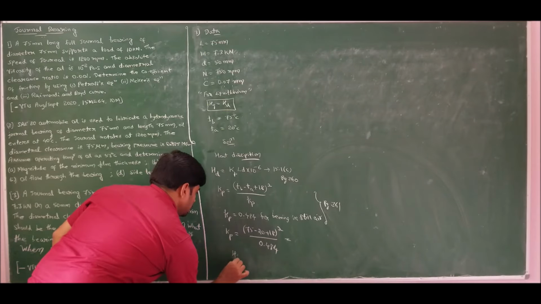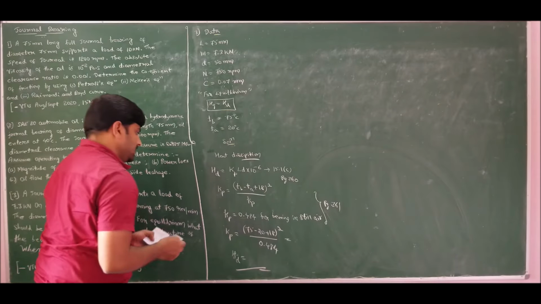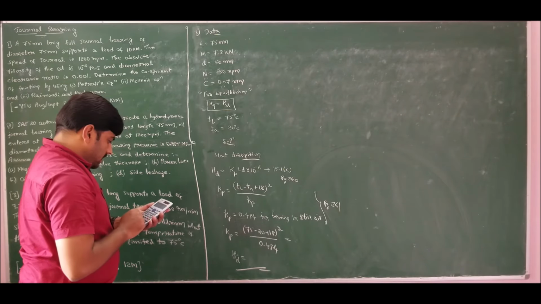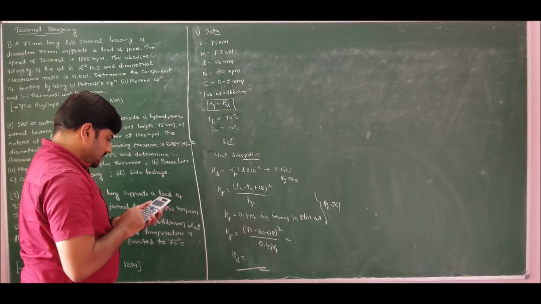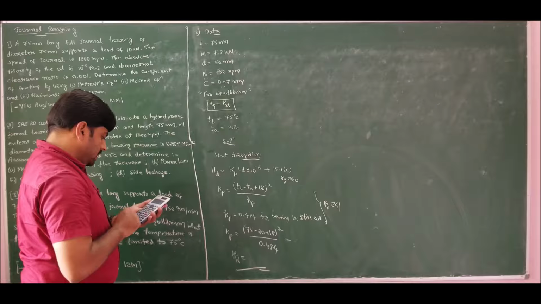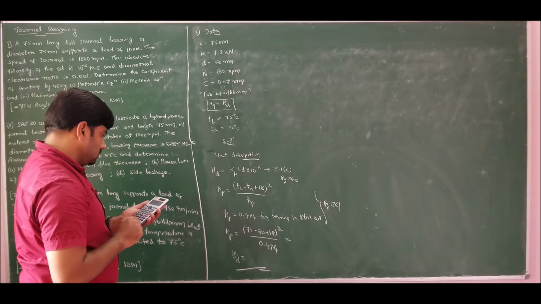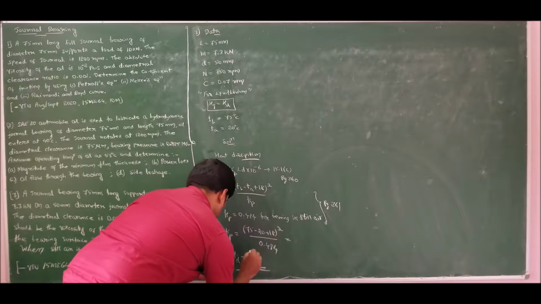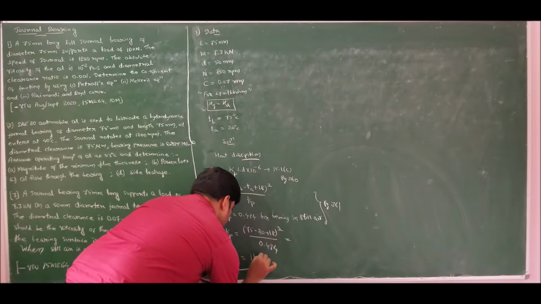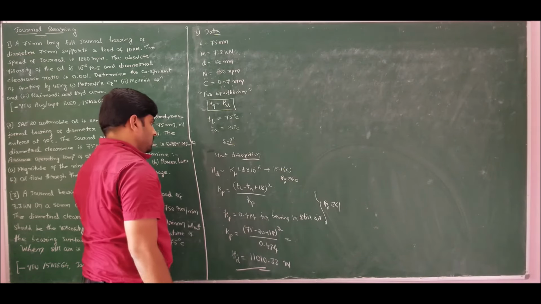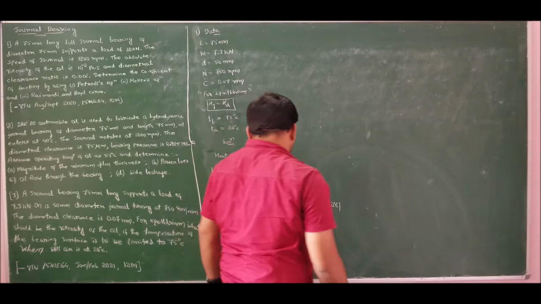If I substitute and solve, I will get (75 minus 20 plus 18) whole squared divided by 0.484, which is nothing but 11010.33 watts.